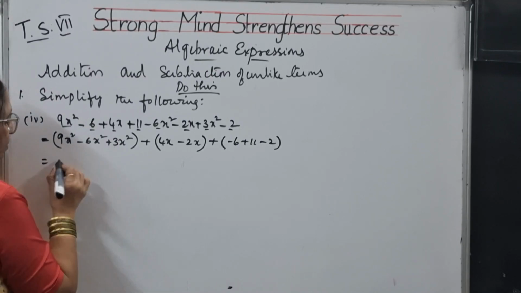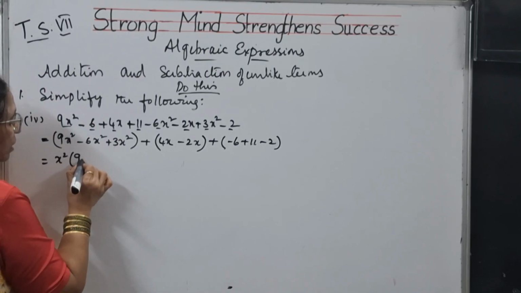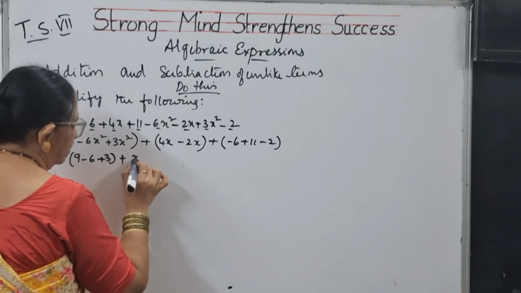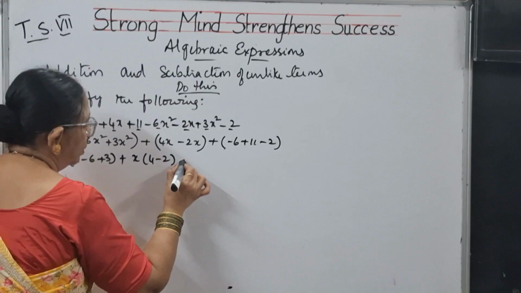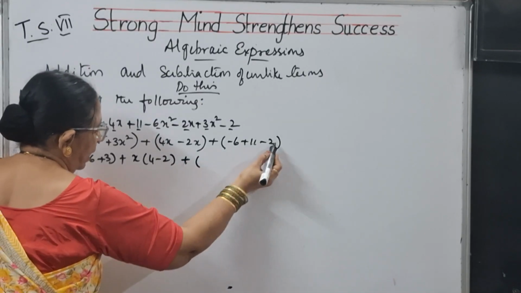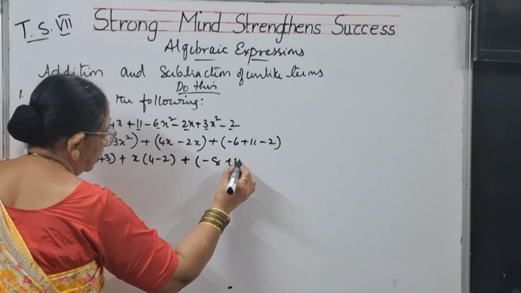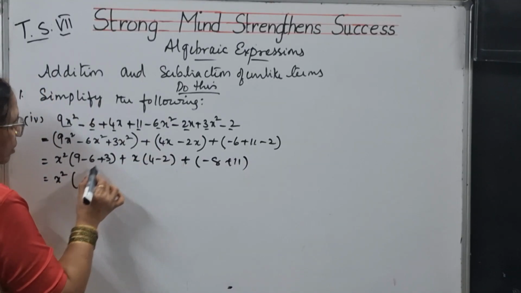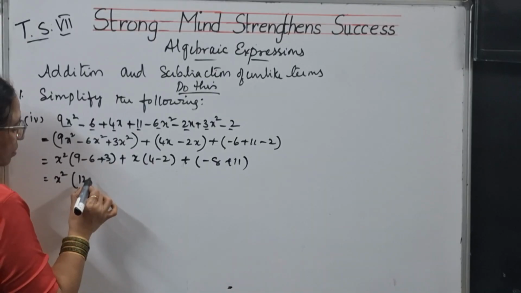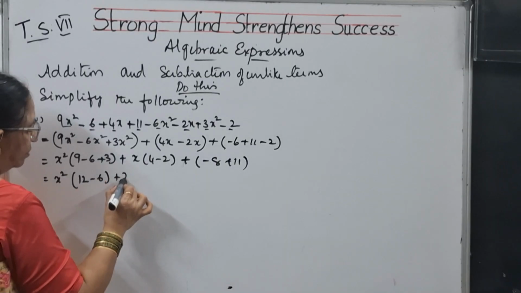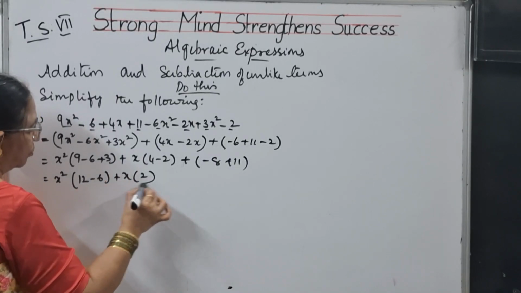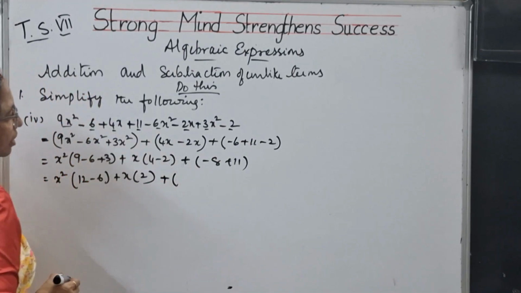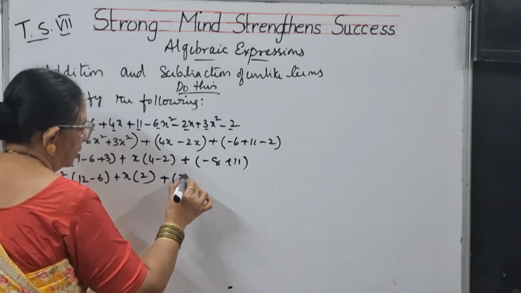So here x square is common: 9 minus 6 plus 3. In this, x is common: 4 minus 2. Plus, add same signs: minus 8 plus 11. So this is nothing but x square into 9 plus 3, 12 minus 6, plus x into 4 minus 2, which is 2, plus minus 8 and plus 11, which is 3.